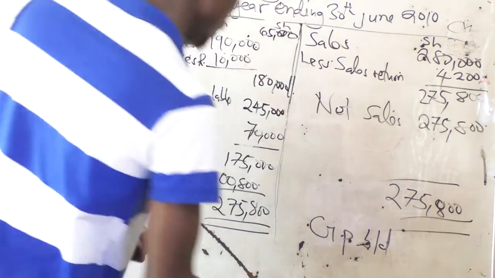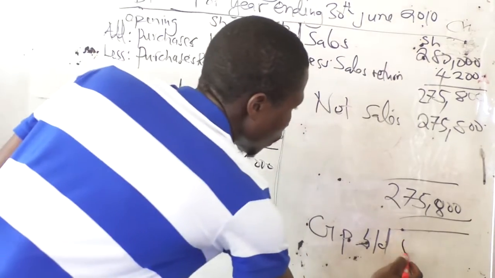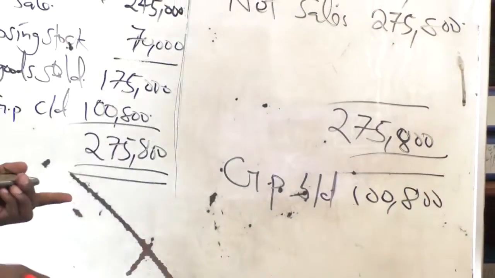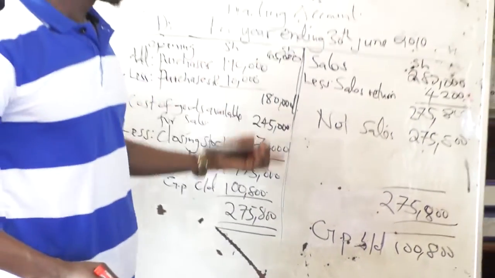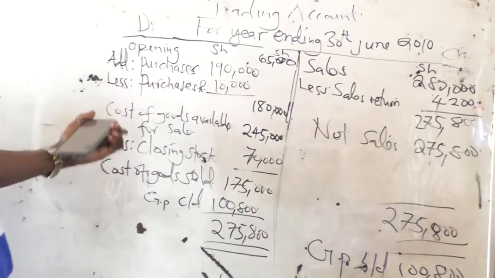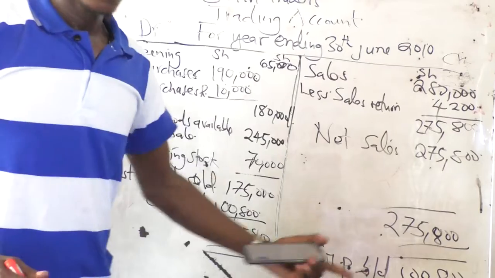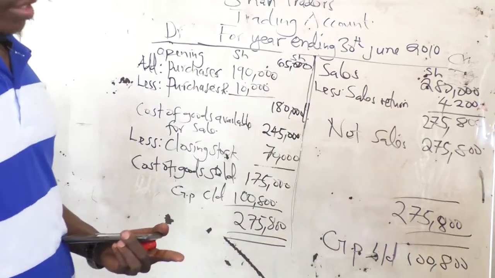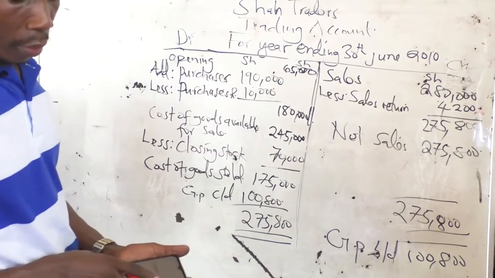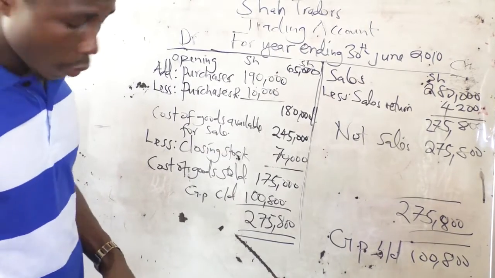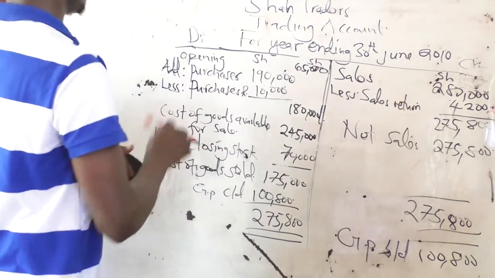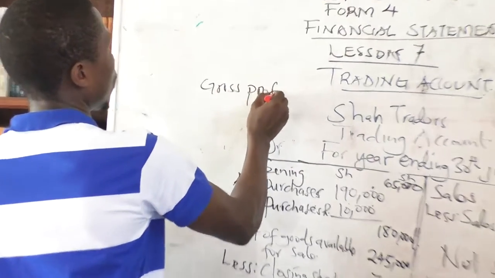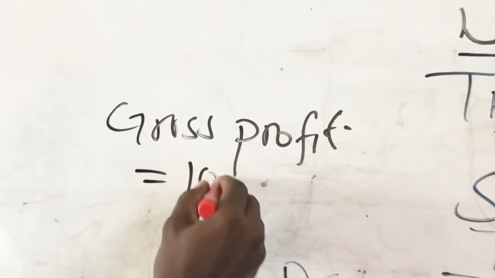So the business is having this amount here, which is 100,800. In short, what we are saying is that in this trading account, after using all of this, the profit was 100,800. So we will say that GP, gross profit, is equal to 100,800.